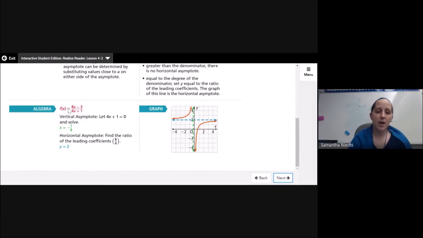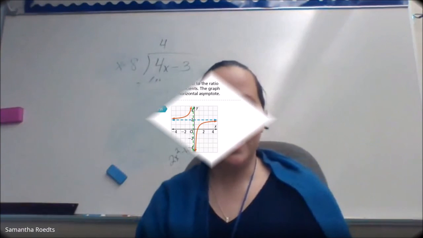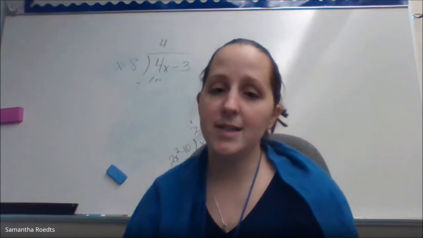So in algebra, I have 8x minus 3 over 4x plus 1. For my vertical asymptote, I set 4x plus 1, my denominator, equal to 0, and I solve. My horizontal asymptote, they're the same degree, so I divide. 8 divided by 4 gives me 2. And then I graph that. All right, and that is the end of Unit 4, Lesson 2.